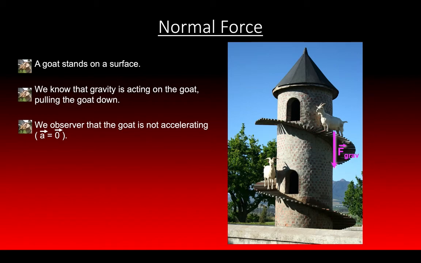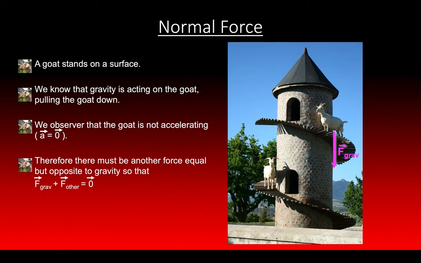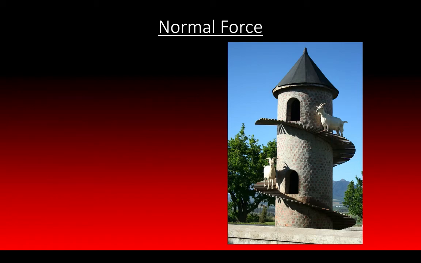The goat does not have that 9.8 meters per second squared downward acceleration due to free fall. That means there must be some other force counteracting gravity and opposing the goat from falling down towards the center of the Earth. So there is some other force, and eventually this force is going to be called the normal force, but we will get there very soon.